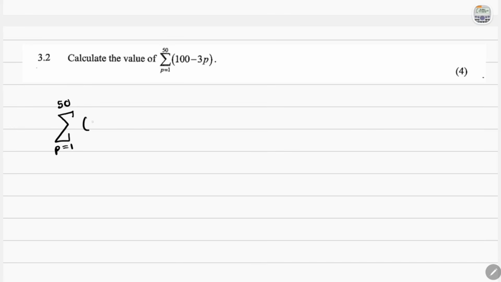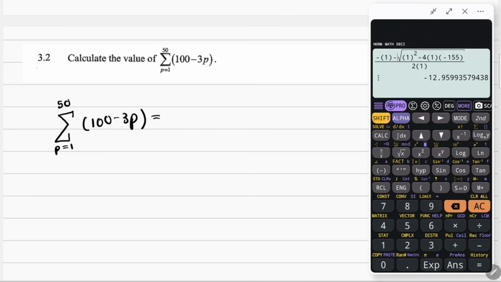So we are saying that this series starting at p equals 1, ending at p equals 50, with the general term 100 minus 3p, is equal to, let's substitute in place of p, we're just substituting 1. Okay, so here, if you substituted 1, 100 minus 3 times 1, it's just 97.